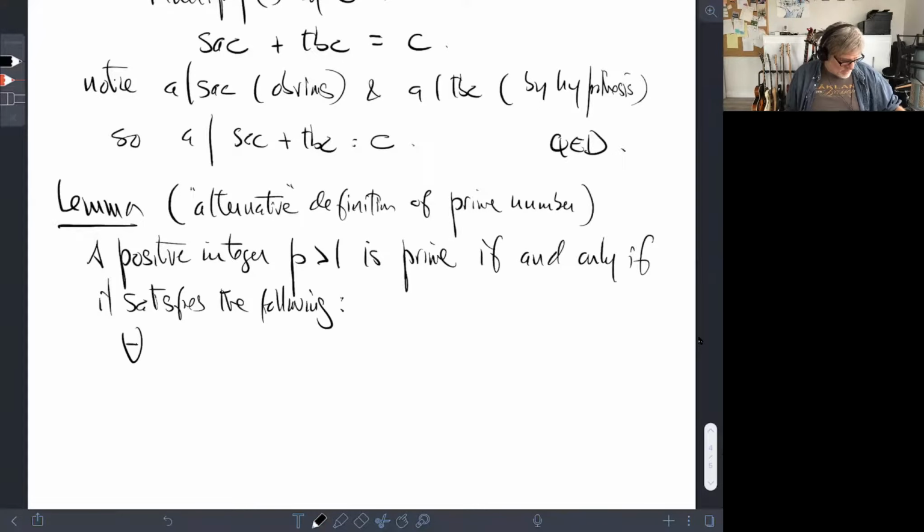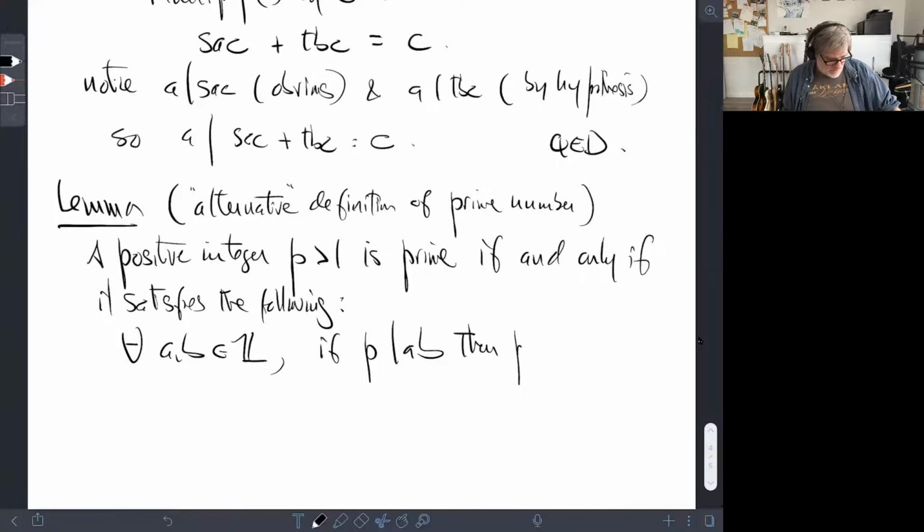For every A, B integers, if P divides the product AB, then it divides one of the factors: P divides A or P divides B. This is equivalent to saying that a number has only two divisors, which are one and itself, or no proper divisor other than one.